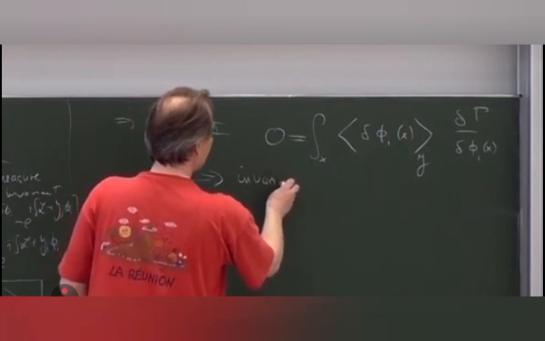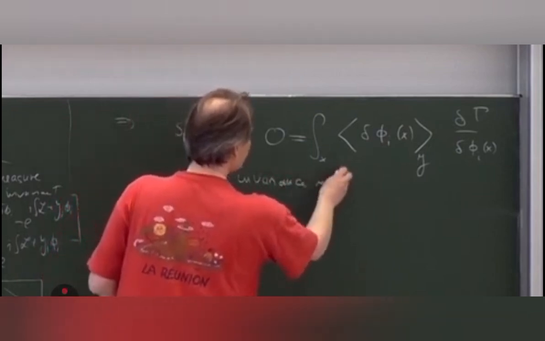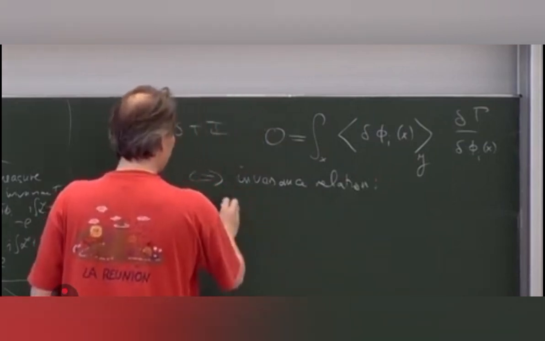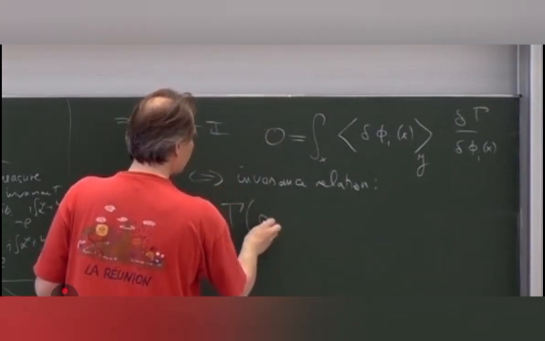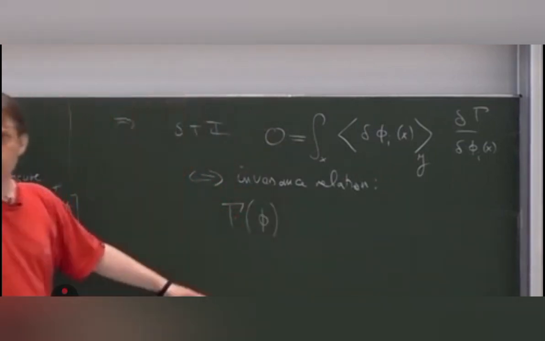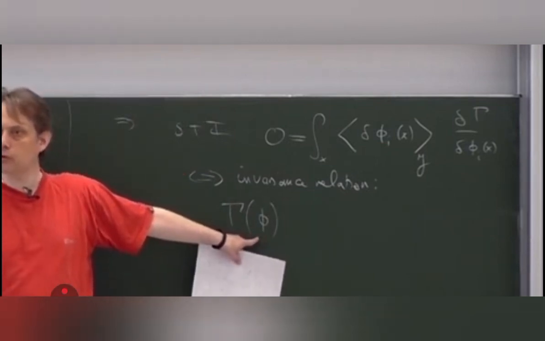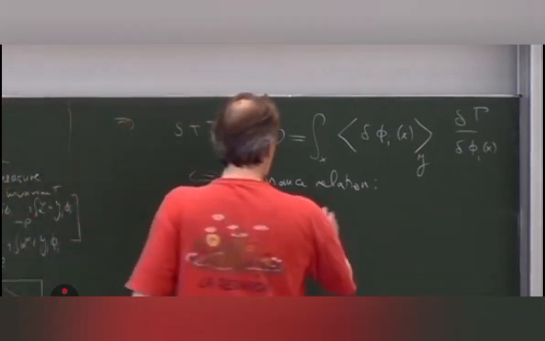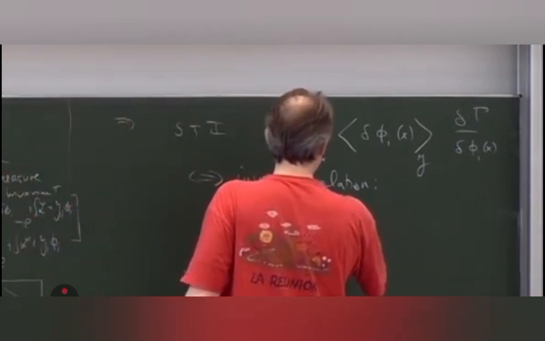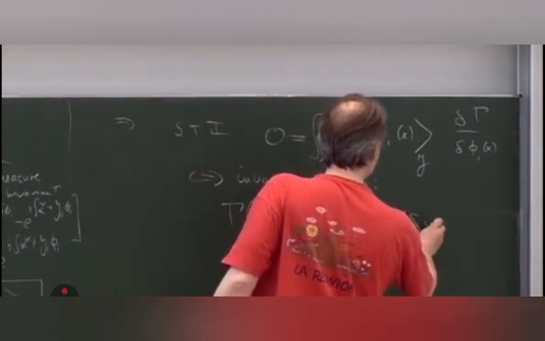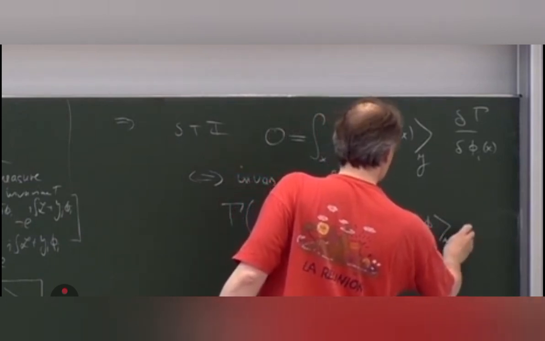We get an invariance relation which looks like this. Gamma with some arguments phi. Remember the classical field expectation values phi, they are the arguments of gamma, is the same as gamma of phi plus this variation.